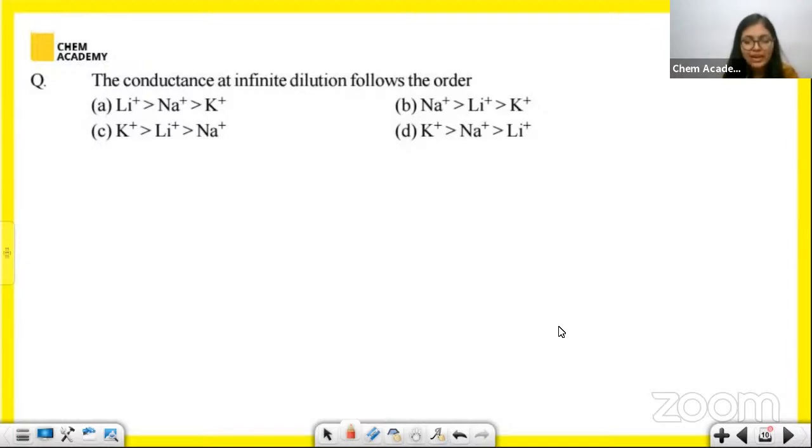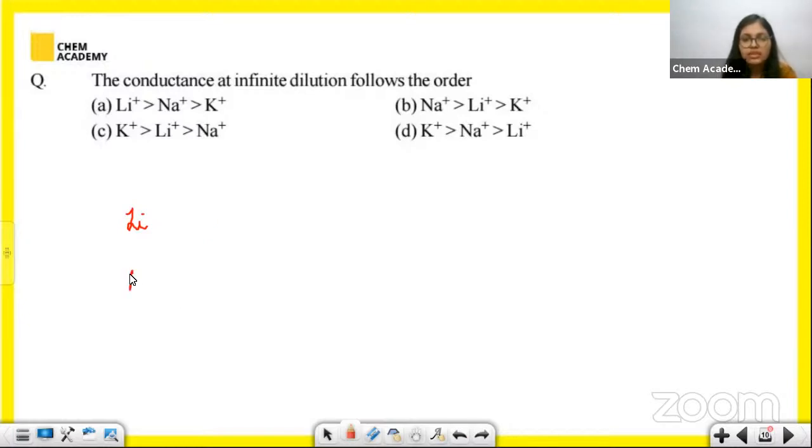Now, let us look at this next question over here. So, let's see what this question says. The conductance at infinite dilution follows the order. We have been given three species, that is Li plus, Na plus, and K plus.